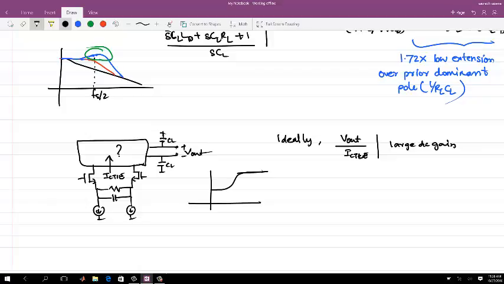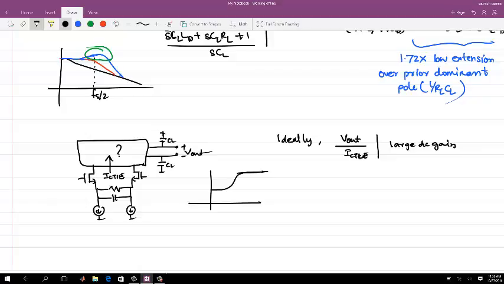And then for maintaining a DC output common mode voltage, you need a different feedback in the system. This is an open loop integrator. You are talking about injecting a current into a capacitor, but injecting a current into a capacitor does not necessarily say that you will have a larger gain over pushing the current into a load resistance. That will come somewhere, but here it doesn't say that clearly.